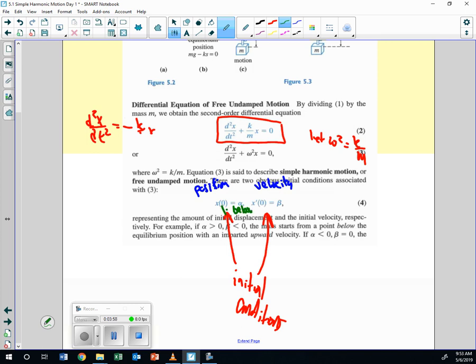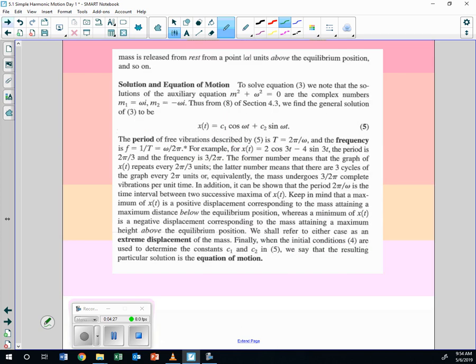So positive is below, negative is above, because it has further to go. And then this one, positive for a speed means that it's upward if it's positive, and it's downward if it's negative. So you can interpret situations from their initial conditions.